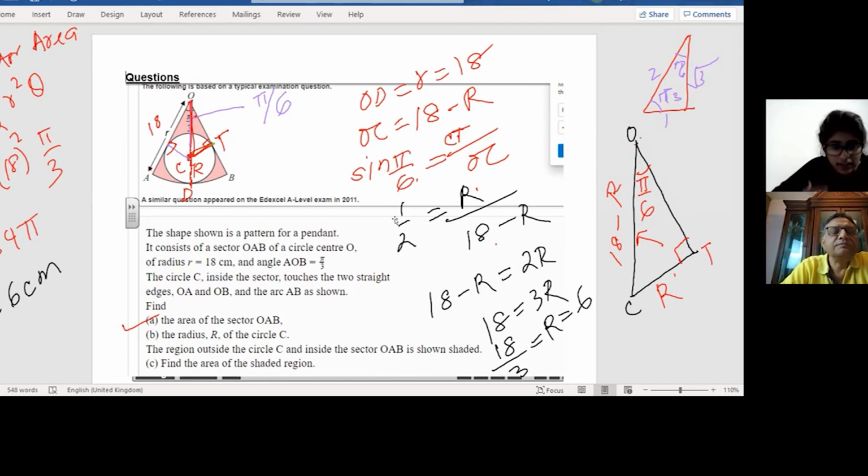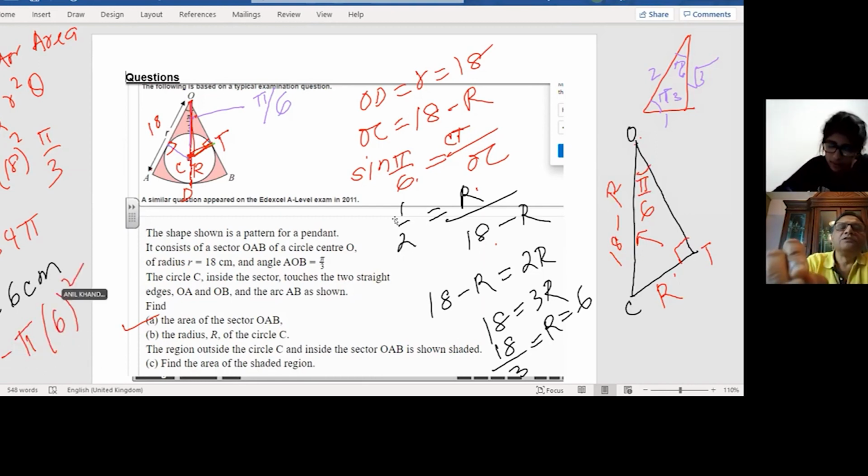Part C is the region outside the circle C and inside the sector OAB, shown shaded. Find the area of the shaded region. So you just take away pi r squared, right? The sector area minus the circle area.